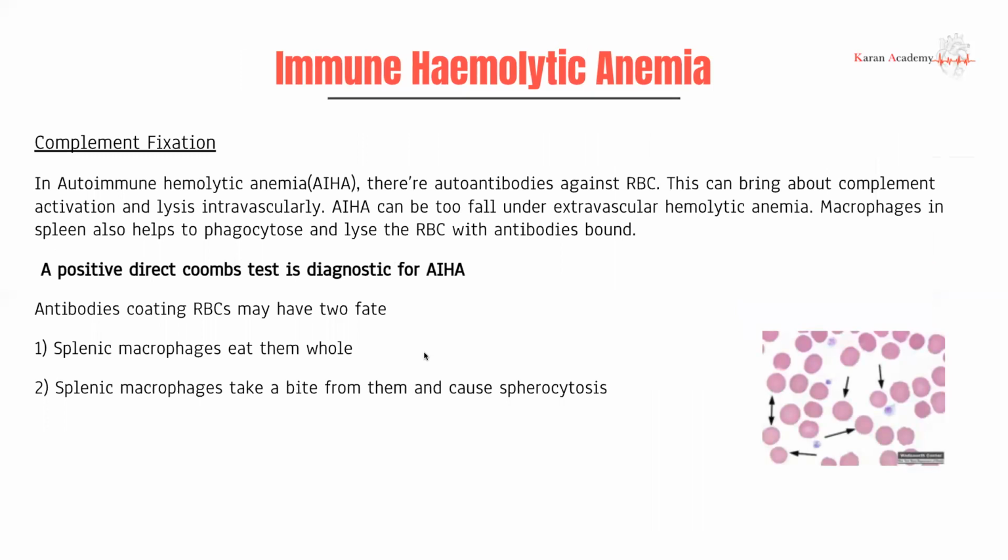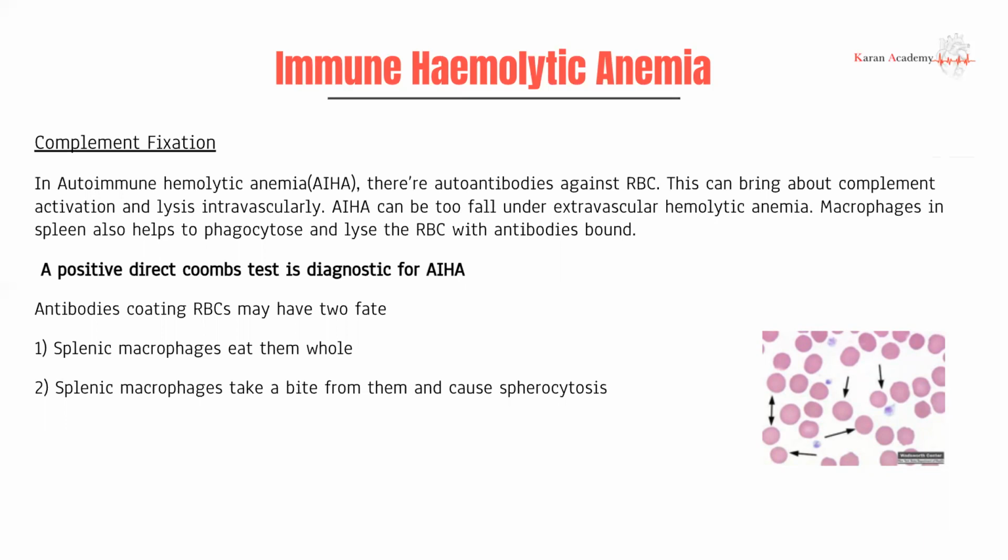Now, with immune hemolytic anemia, you have complements, your C3 and your C4, which attach onto RBCs, and because of this attachment, they are marked for destruction and get destroyed. Now, you may ask, why are we having this complement fixation in the first place? We don't know. In a lot of the cases, it's actually idiopathic, and we don't know why that's going on.